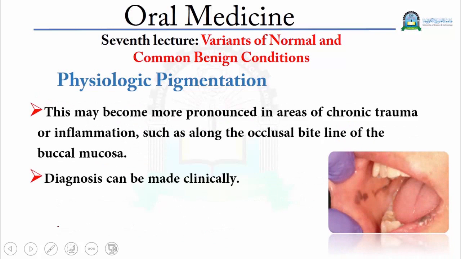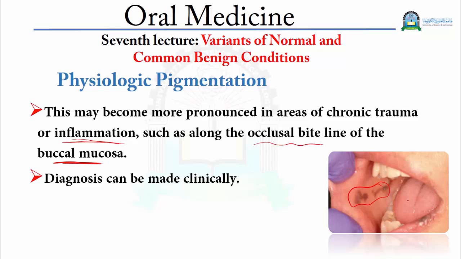This may become more pronounced in chronic traumatic areas and areas of chronic inflammation, such as along the occlusal bite line on the buccal mucosa. As we see in this picture, this is the chronic inflammation site.